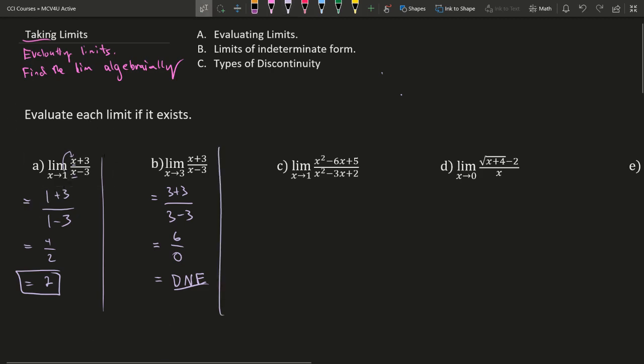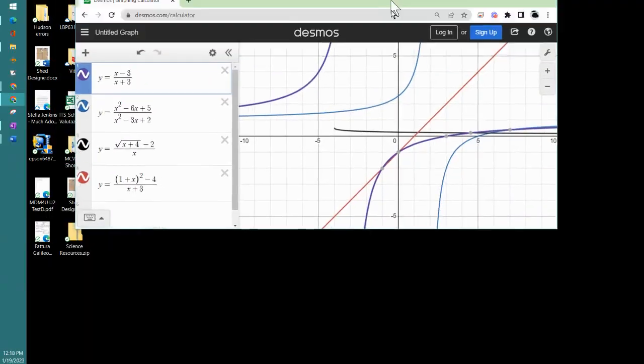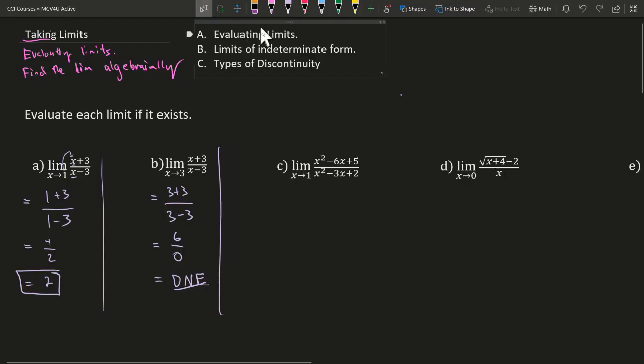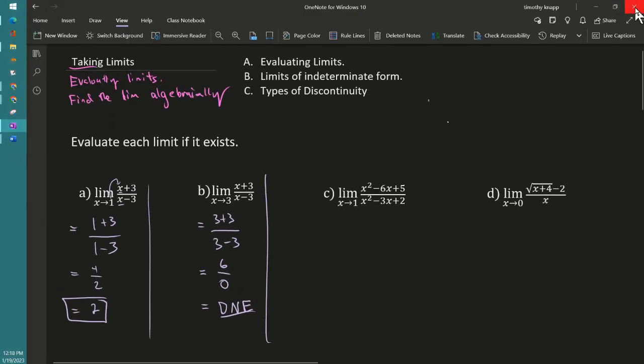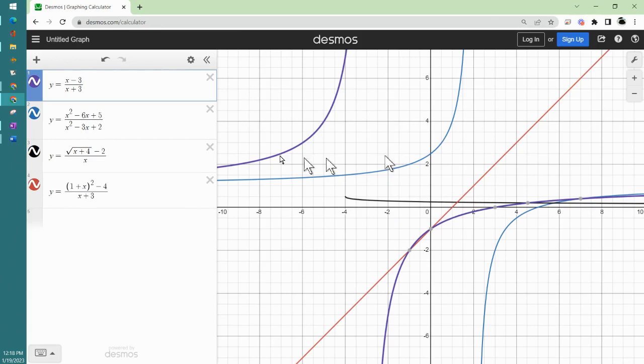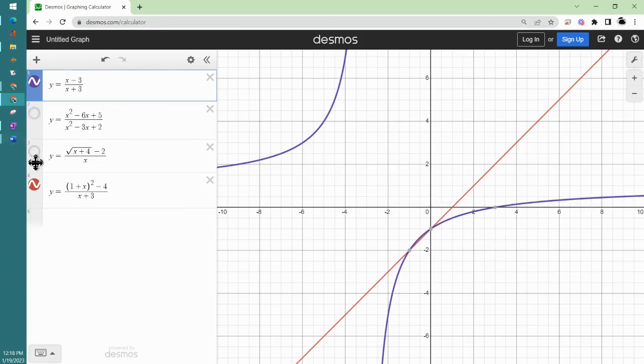Now, you don't have to analyze these graphically, but I went ahead and graphed these as well to give us an idea. Oh, shoot. How do I do this now? I have to reduce that and make that bigger. There we go. So the function that we just had is x minus 3 over x plus 3.